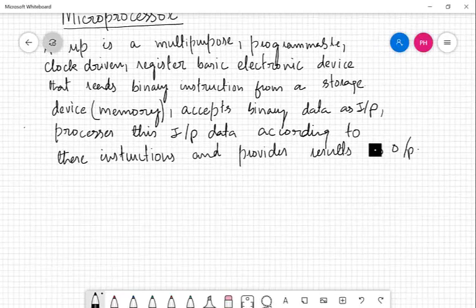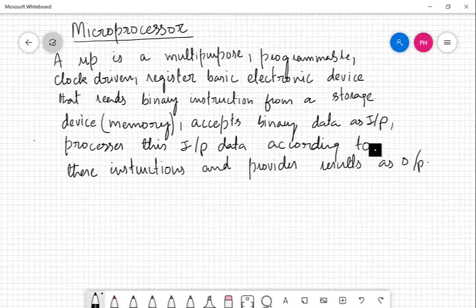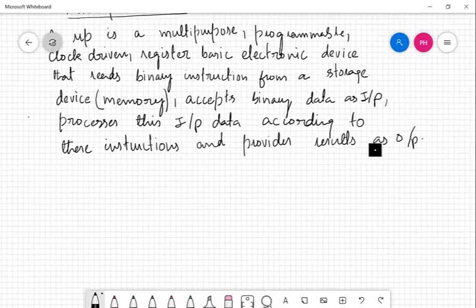Let me try to explain everything: what we mean by multipurpose, what we mean by programmable, what we mean by other terms, and how a microprocessor does all these things. Let us again think about computers. What are computers? What are the basic building blocks of a computer?